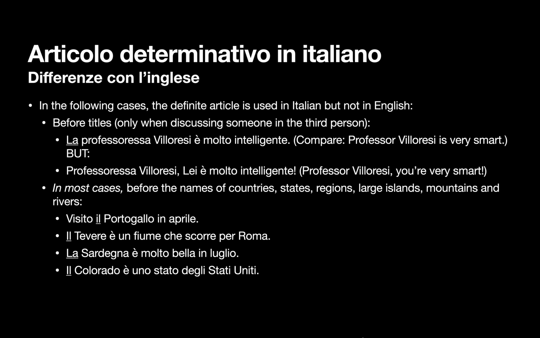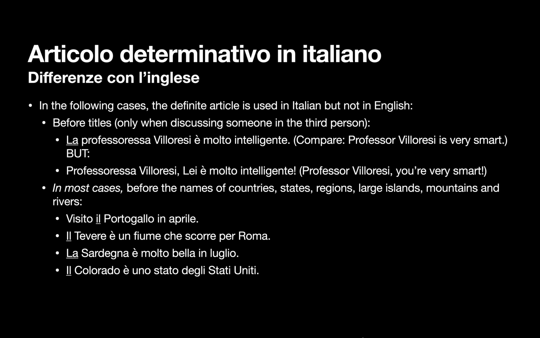Il Tevere è un fiume che scorre per Roma. The Tiber is a river that runs through Rome. That's the same as in English, the Tiber. La Sardegna è molto bella in luglio. That's Sardinia is very beautiful in July.